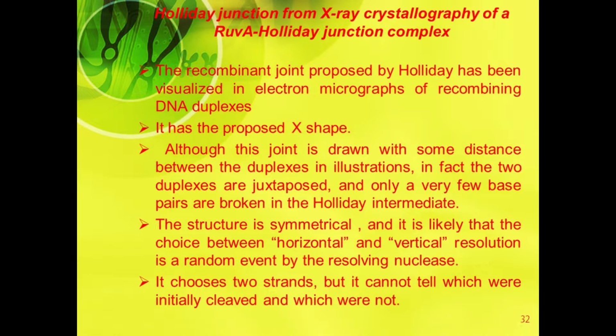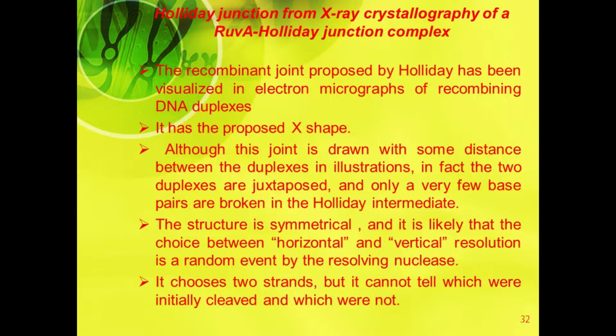The recombinant join proposed by Holliday has been visualized in electron micrographs of recombining DNA duplexes, which is shown in this slide. It has the proposed X shape, although this joint is drawn with some distance between the duplexes in illustrations. In fact, the two duplexes are juxtaposed and only a very few base pairs are broken in the Holliday intermediate.